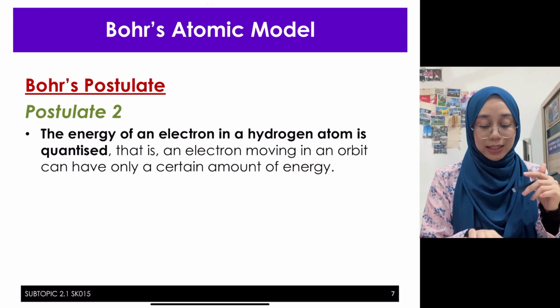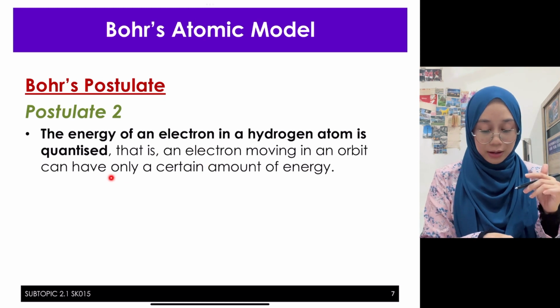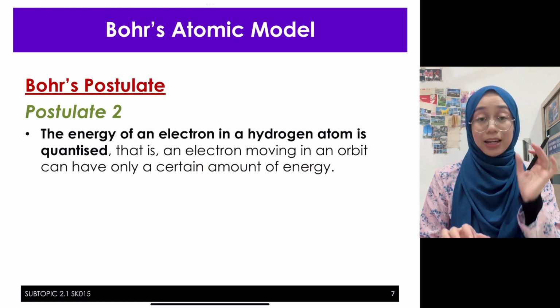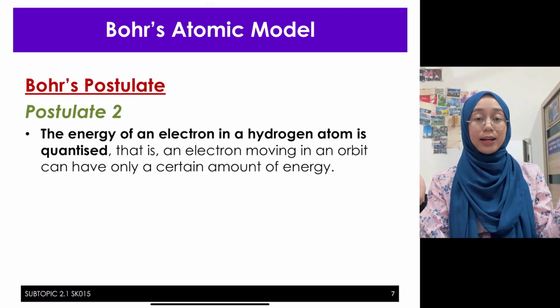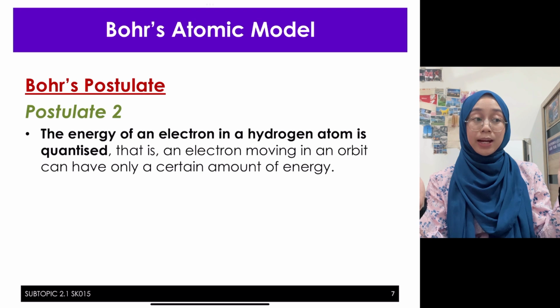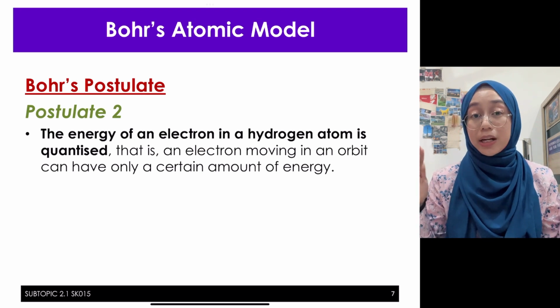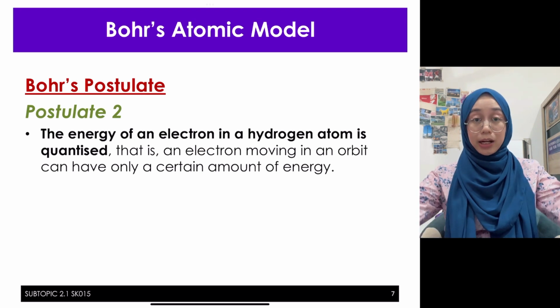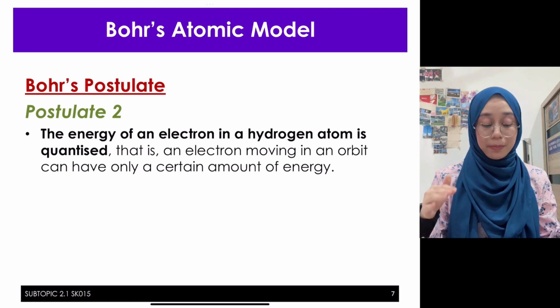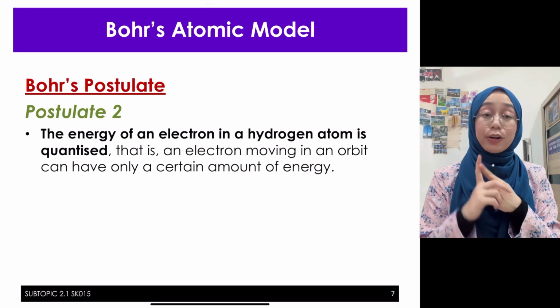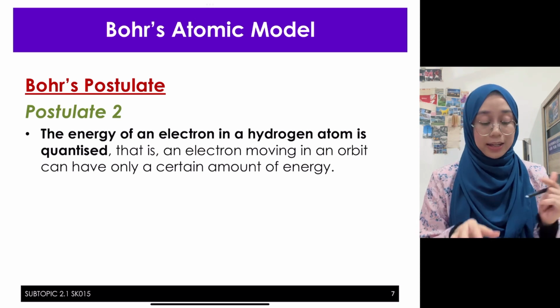Okay, so that is an electron moving in an orbit can have only a certain amount of energy. So kalau dia dekat n equals to 2 pula, kalau dia nak berada dekat orbit yang kedua, so dia kena ada certain amount energy pula kalau dia nak berada dekat situ. Dan kalau dia nak berada dekat ketiga, dia kena ada certain amount of energy pula. Okay, so this is what it meant by the energy of an electron in a hydrogen atom is quantized.